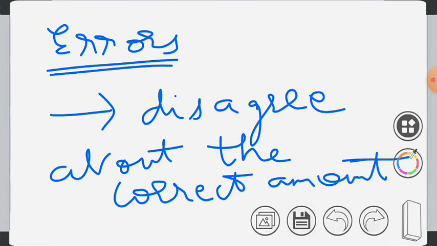Such errors may be checks issued but not yet presented for payment, checks paid into bank but not yet cleared, interest allowed by the bank, and bank charges and taxation levied by the government. There are many such types of errors.